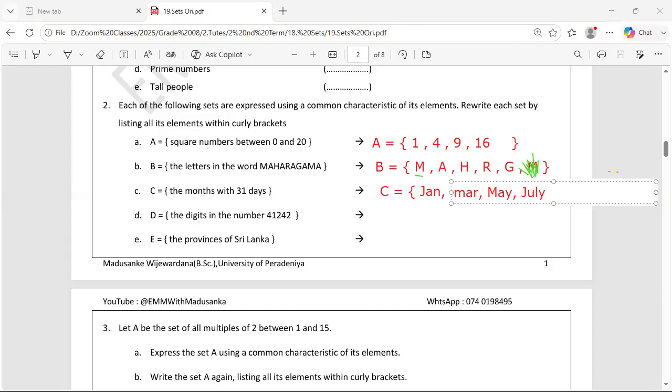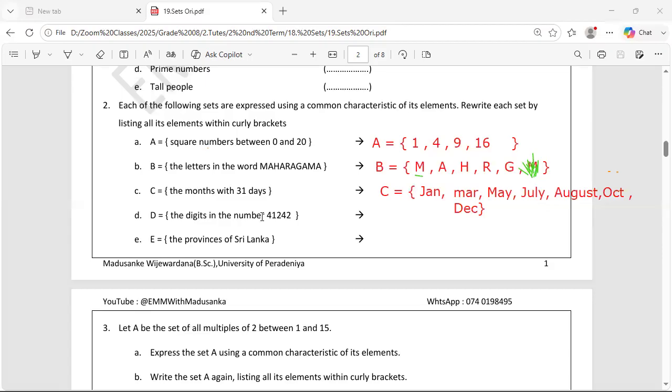July is 31 days. Then again August, October. November is not a 31-day month. December, so this is the last. And close the curly bracket.